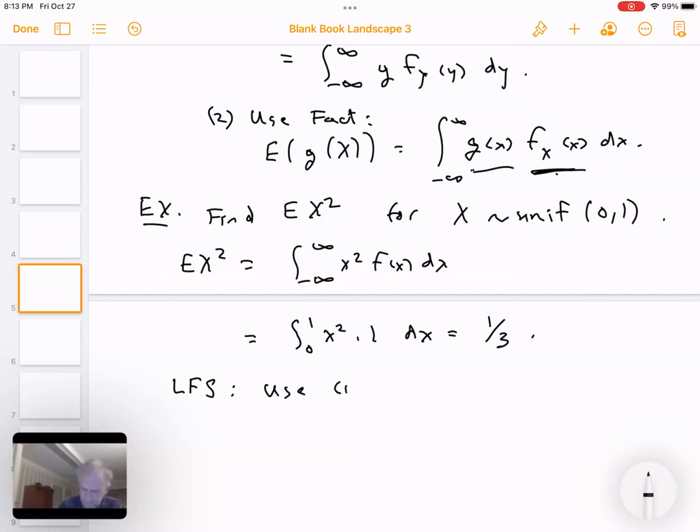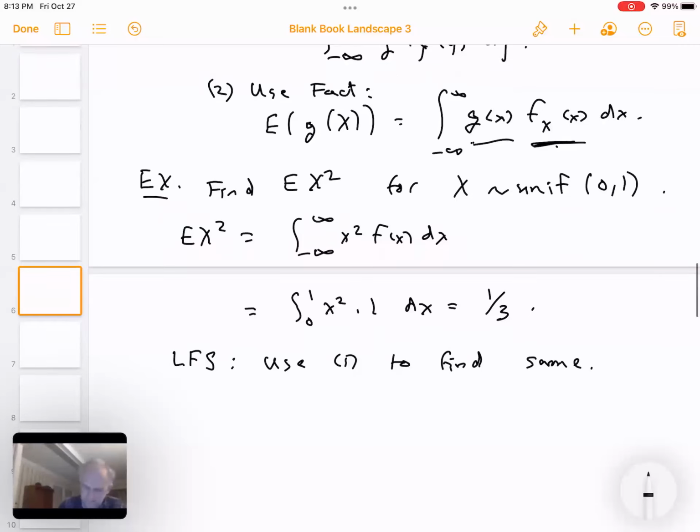Use 1 to find the same: find the PDF of X squared when X is uniform, so let Y equal X squared, find the PDF of Y, and then find the expected value of Y.